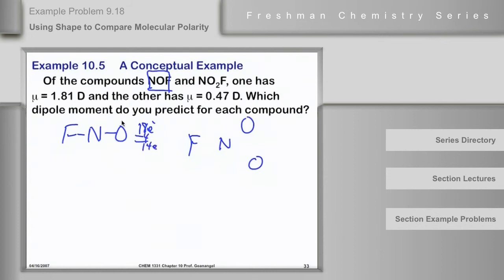So we have 2, 4, 6, 8, 10, 12. 14 minus 12 is 2, and we put 2 electrons here, but the nitrogen's still short. So we've got to make what? A double bond. We'll put it in there, and then we have something that looks like this.